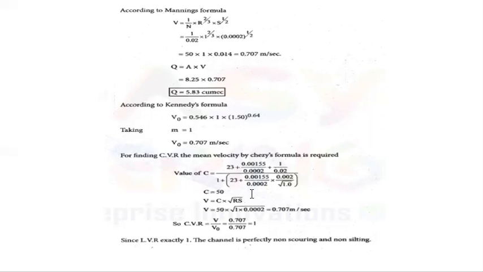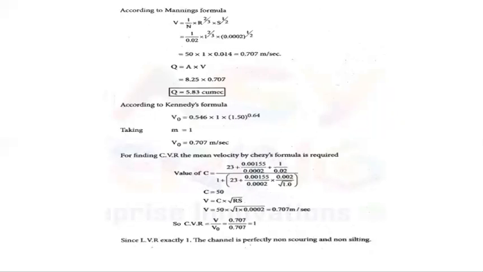So you can find the values and make sure that the ratio of V and V0 should be 1. So if it gets 1, then it is perfect, non-scouring and non-silting. So if you are getting less than or greater than 1, then you have to revise it.